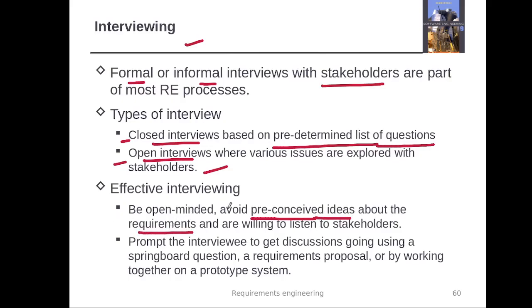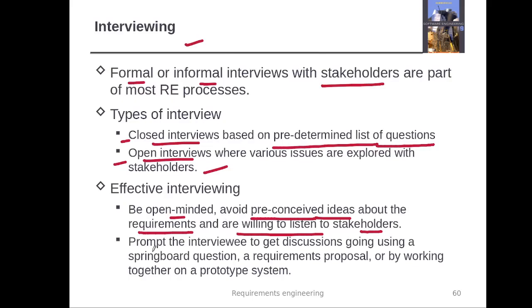The customer will give you an objective, for example, that it is for medical purposes. So you may have an idea that you will need this thing and this thing done, right? You should not have that kind of preconceived idea about the requirement, and you should be able to listen to the stakeholders and try to listen to whatever they are saying.